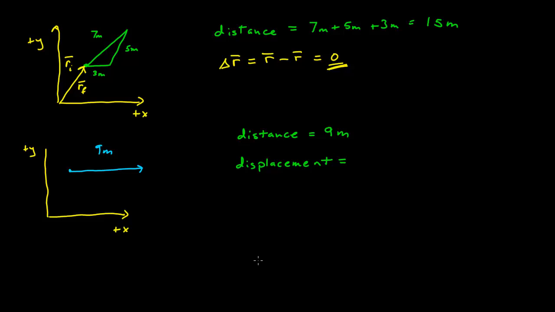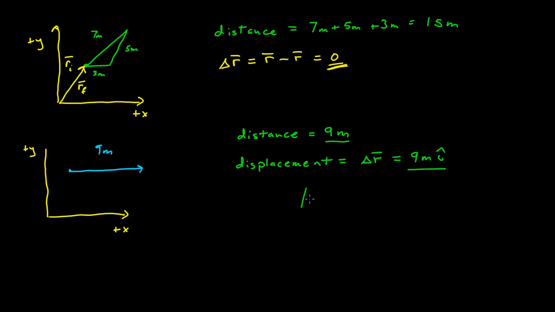The magnitude of the displacement is 9 meters, but the distance and the displacement can never be exactly the same because a distance is a scalar and a displacement is a vector. The displacement, if I were to write it exactly, delta r is 9 meters i hat. It is 9 meters that points in the positive x direction.